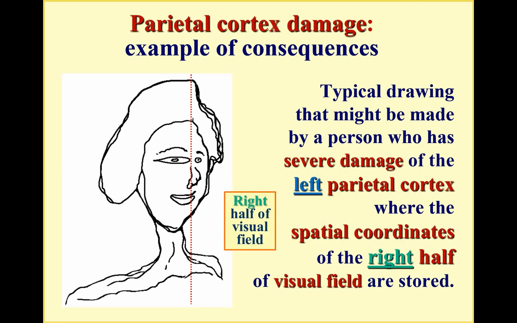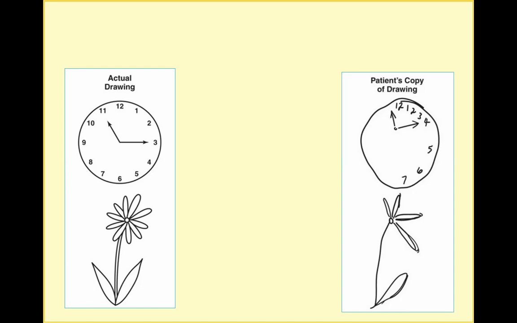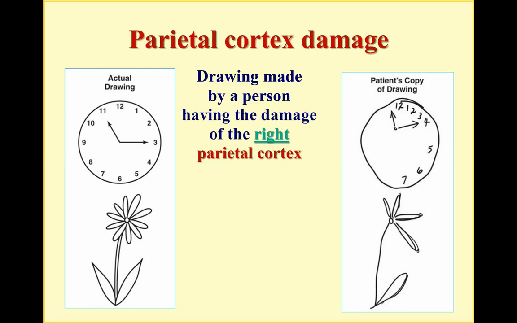Let's see one more example. Patients are asked to make a copy of this drawing, and it enables us to estimate problems that exist in case of parietal cortex damage. And you see the patient's copy looks as follows. In this case, you can observe that there is a problem with the left part of the visual field.